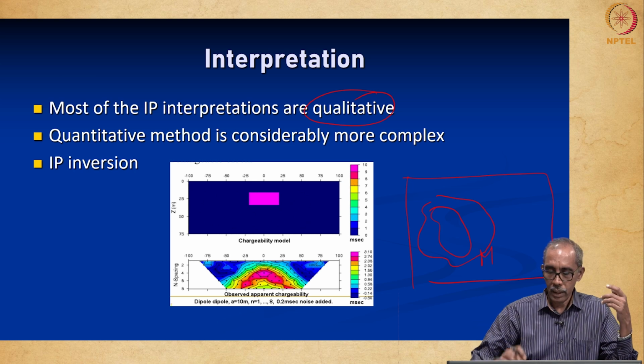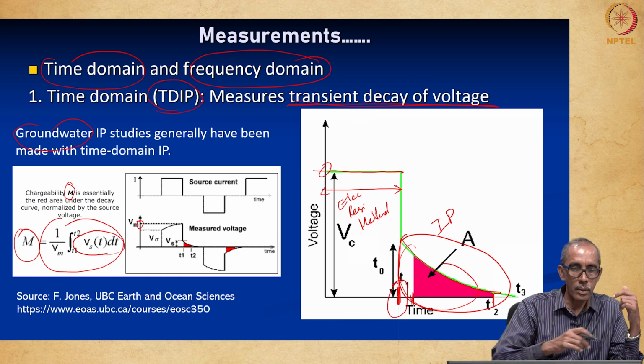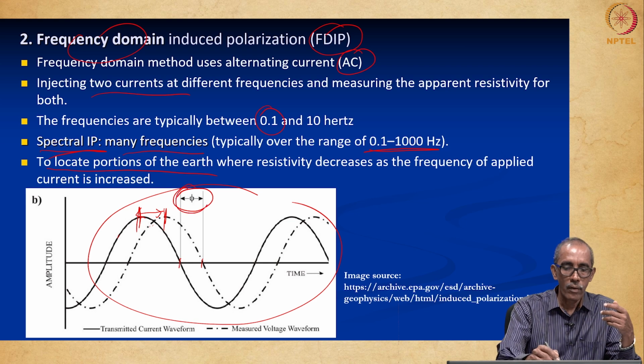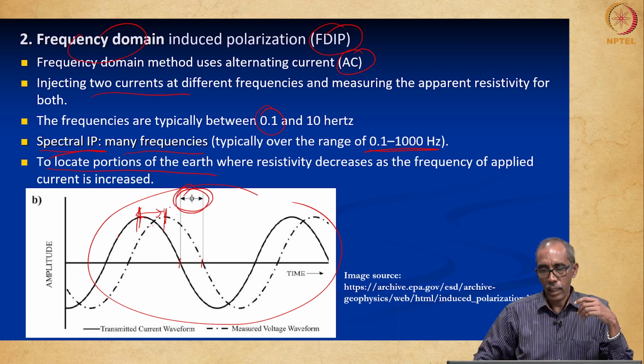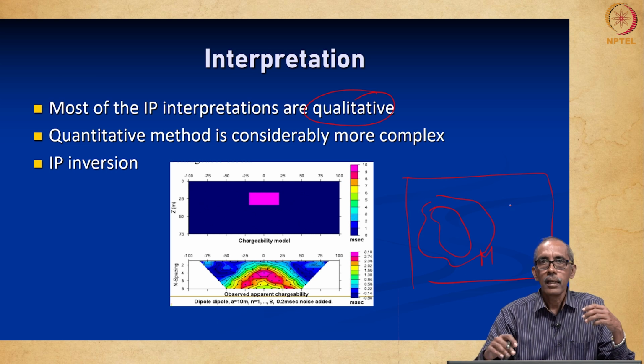If you are using time domain, we make use of chargeability. If you are using frequency domain, we can use the phi value, and interpretation is done by looking at how the values vary over space.